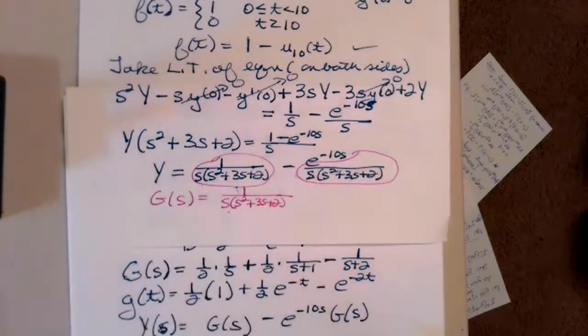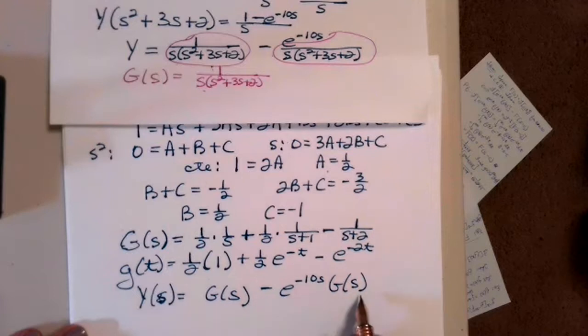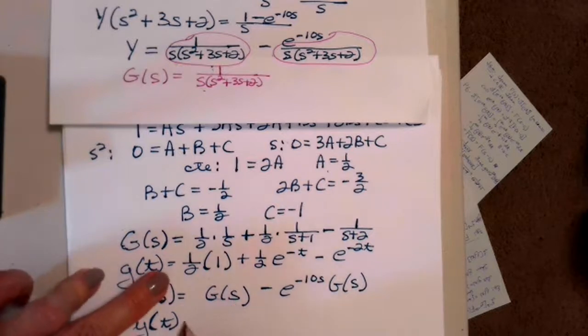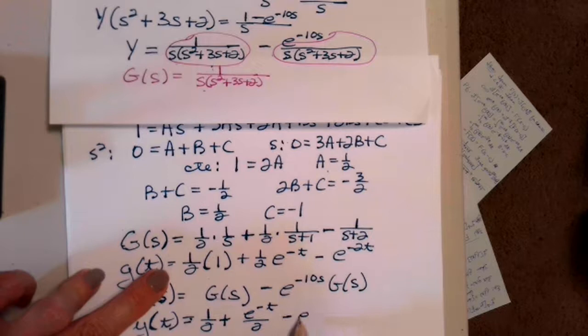Let me get back to where I'm looking at my screen that I'm showing you. All right. And so now I'm ready to invert this to get the solution y. So y of little t is you take the inverse Laplace transform of the G. We already found that. That's 1/2 plus e to the minus t over 2 minus e to the minus 2t.